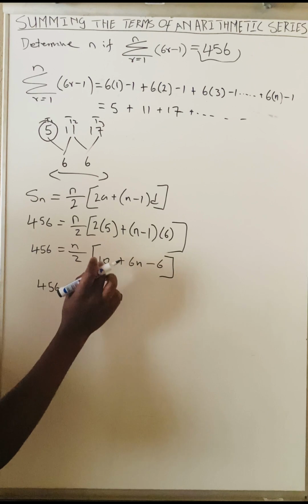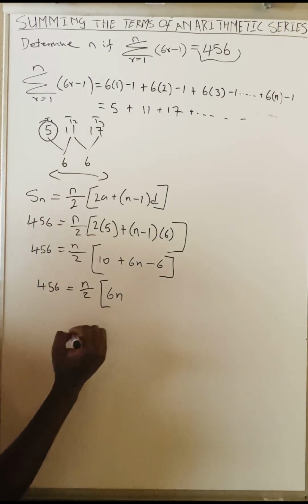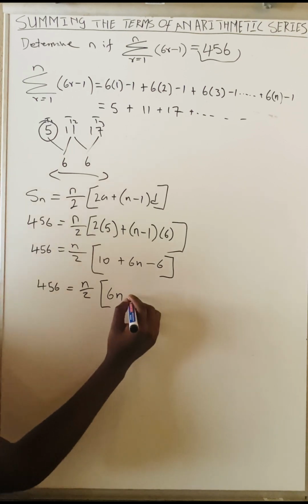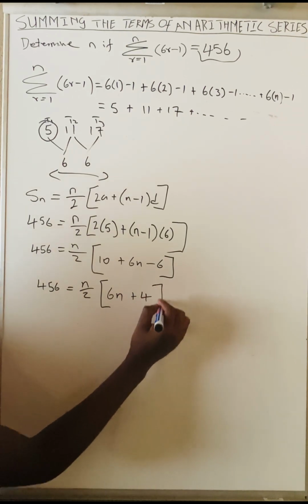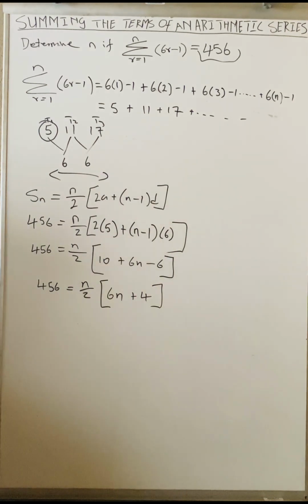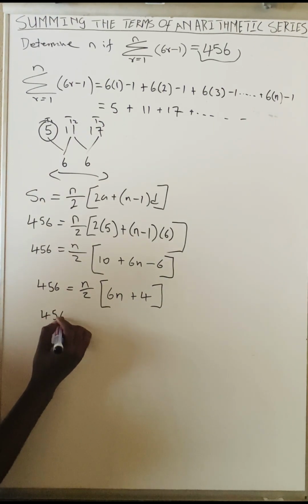Then 10 minus 6 is positive 4. You see now, things are simple and straightforward.